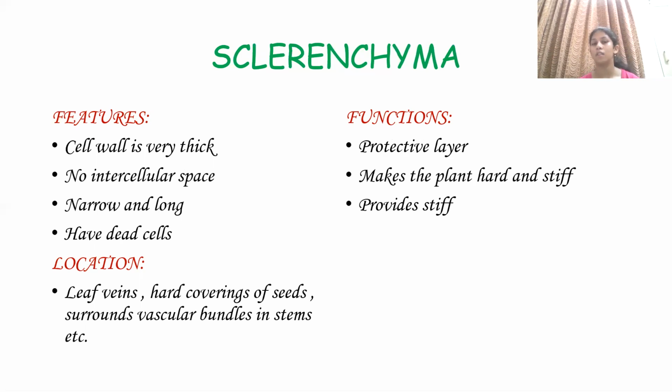They are located in leaf veins, hard coverings of seeds, and around vascular bundles in stems, etc. The function of sclerenchyma is to act as a protective layer. They make the plant hard and stiff, and stiff is nothing but providing mechanical support.